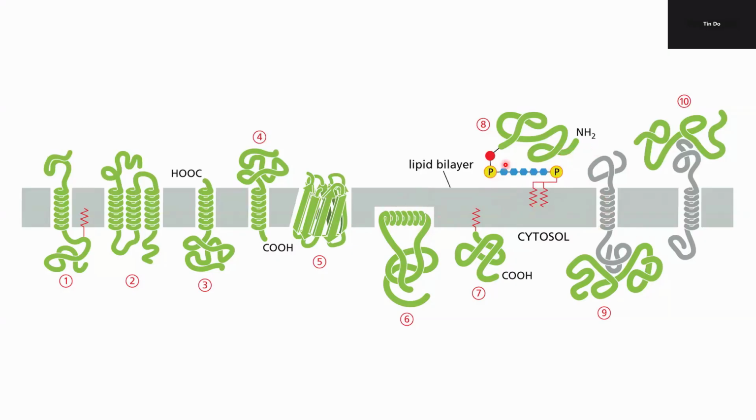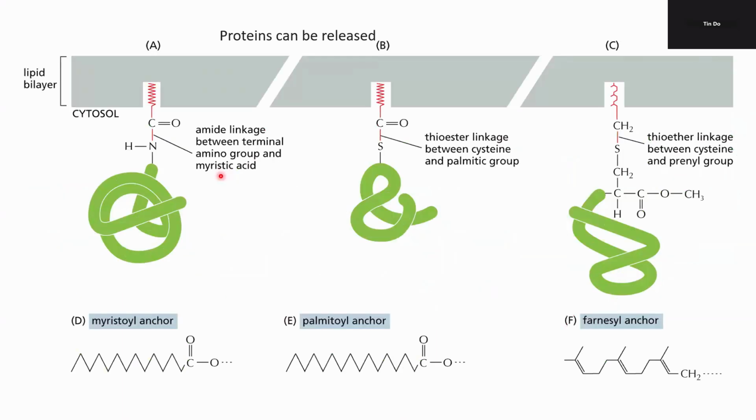And there are several others where you're going to have different types of covalent bonds to a phosphate head with oligosaccharides on it, etc. Or you can form a dimer with another transmembrane protein to create a specific function. So again, proteins can be released depending on what is attached to them. Again, they have different types of linkages. We have amide linkages where we're connecting one of these proteins through the amine positioning on this fatty acid group. Okay. These are all covalently bonded.